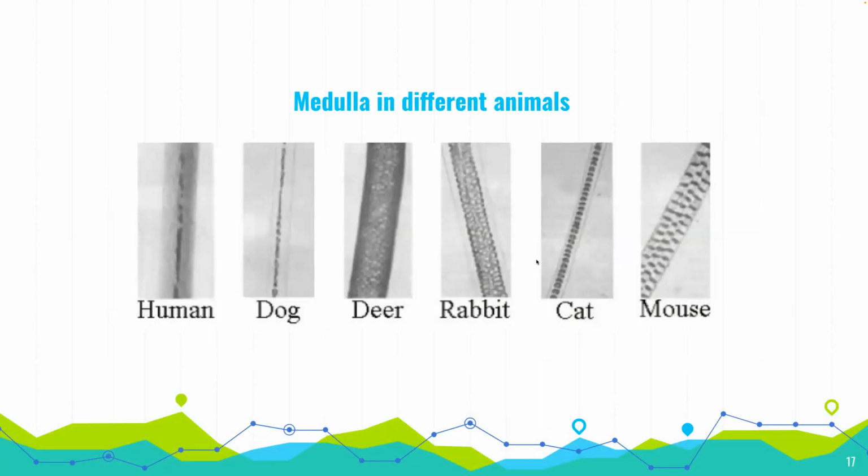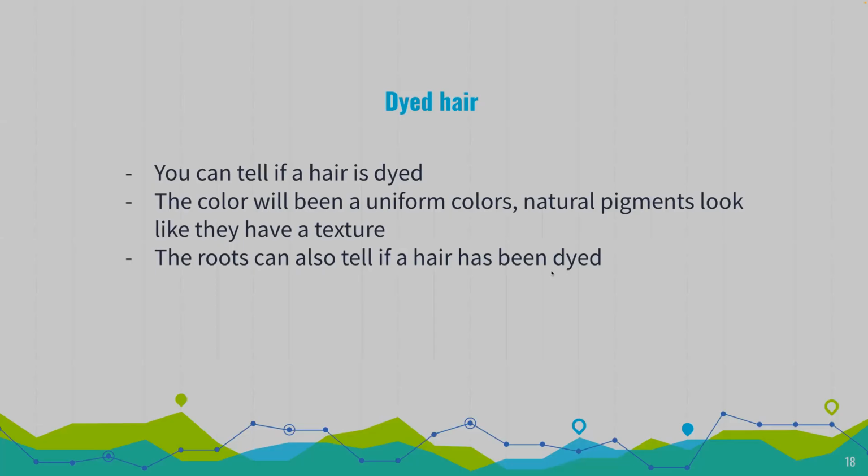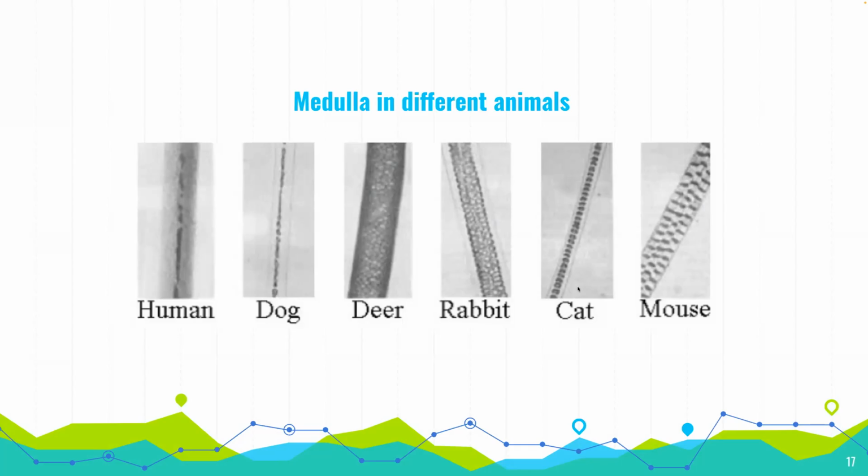All right, so this is again different animals. The dog hair, this one actually isn't very continuous, but if you want to see a better picture, there definitely is one. As you can see, some identifying factors. You could say that the cat looks like a ladder.